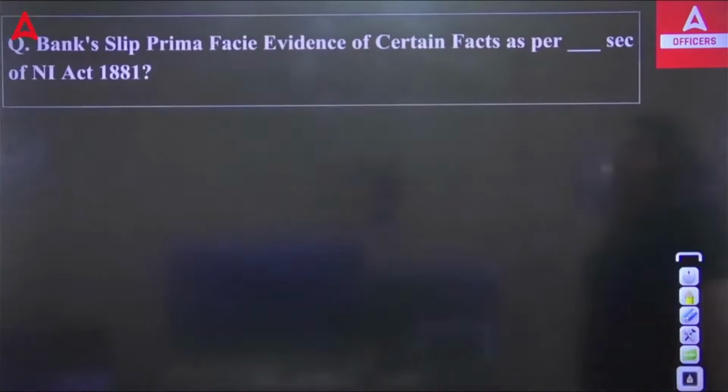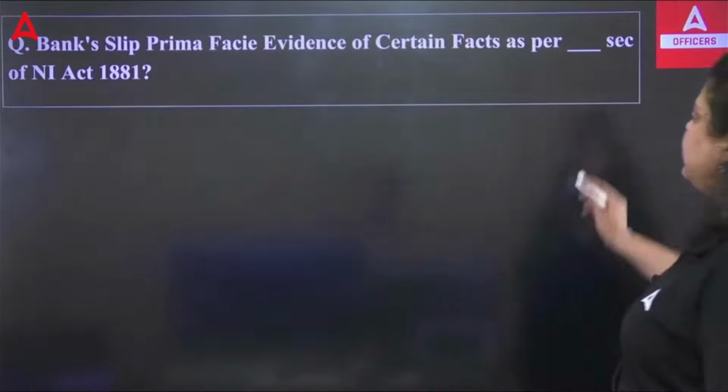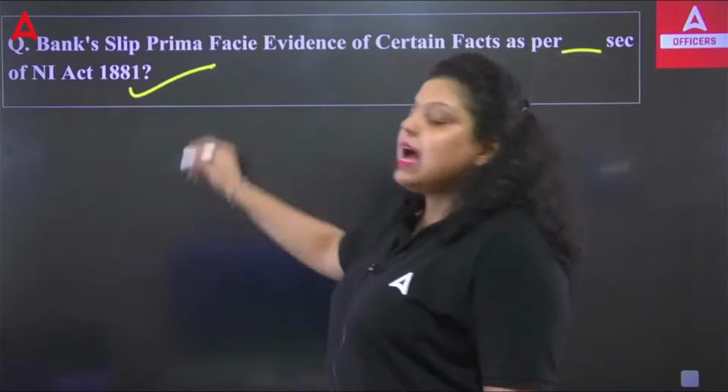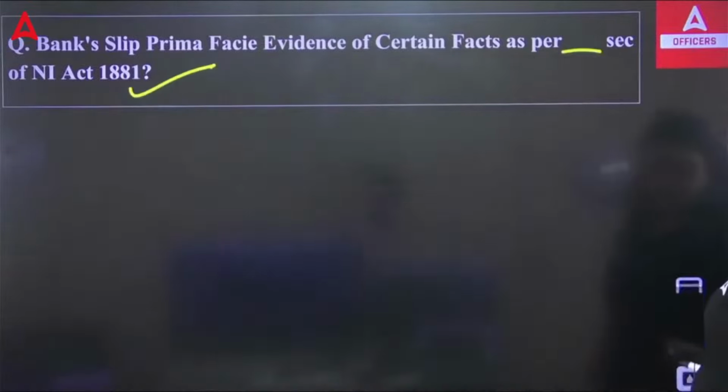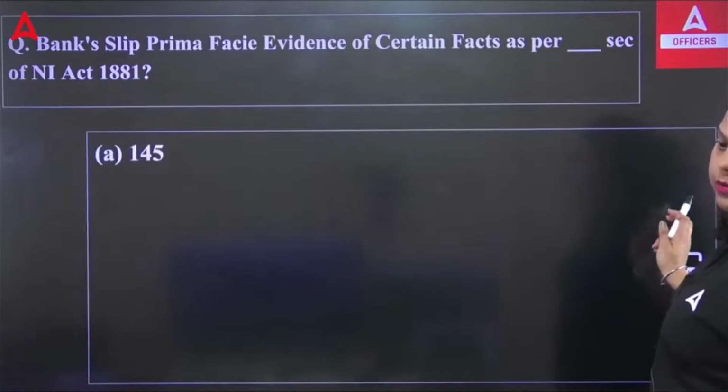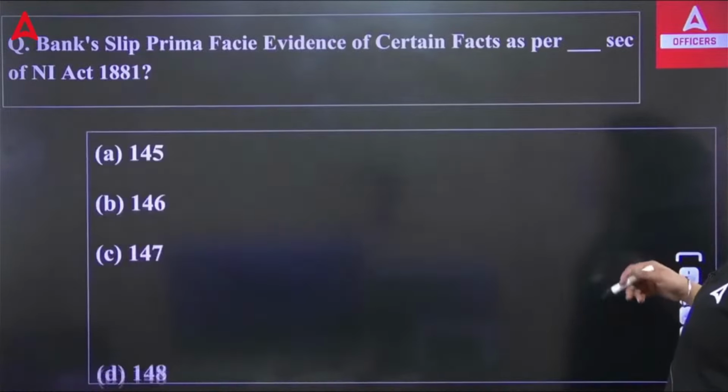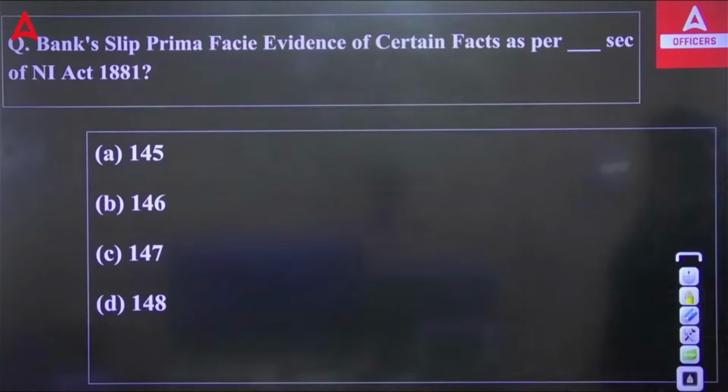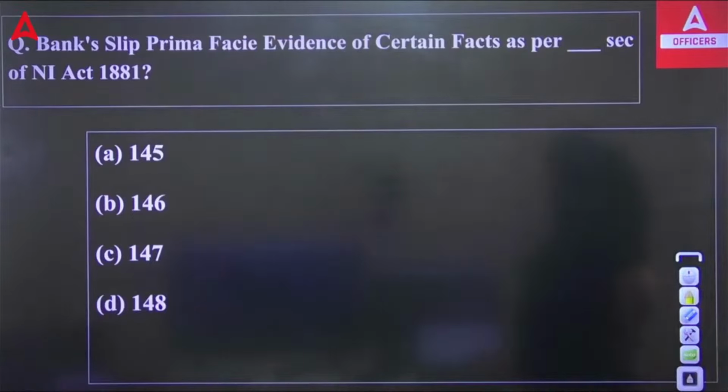Now, a bank slip is prima facie evidence of certain facts as per dash section of the NI Act 1881. And we have section numbers 145, 146, 147, 148. So under which section are we talking about this?